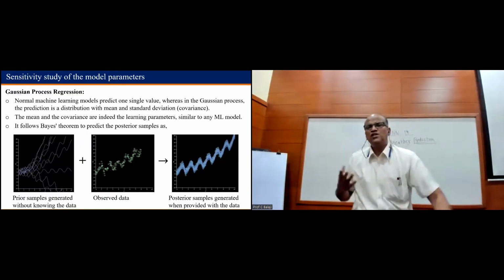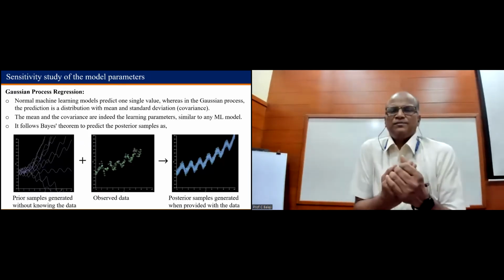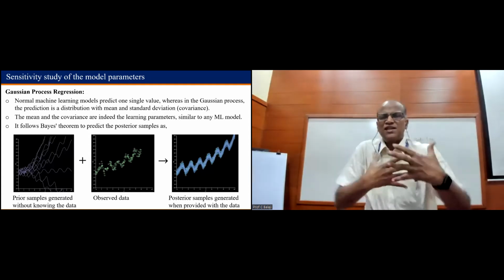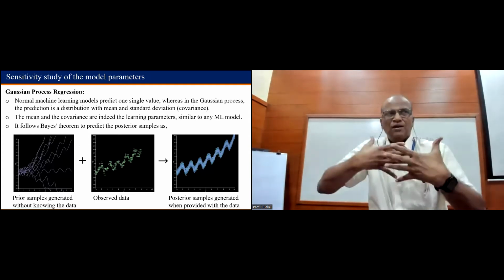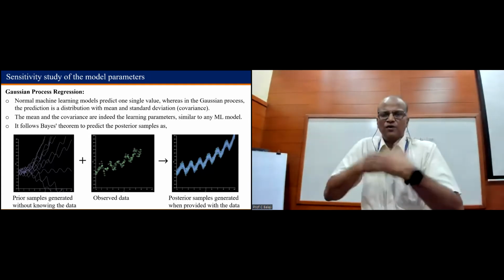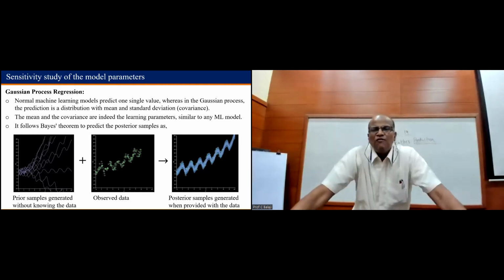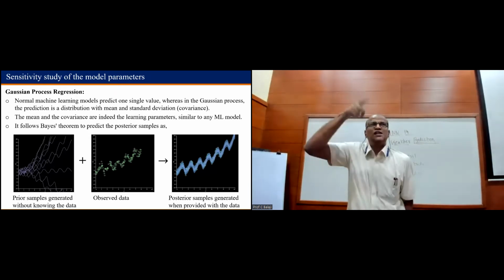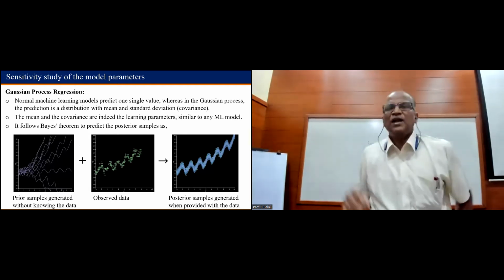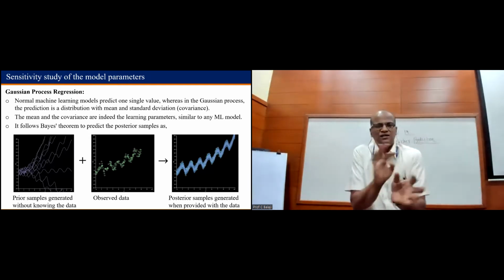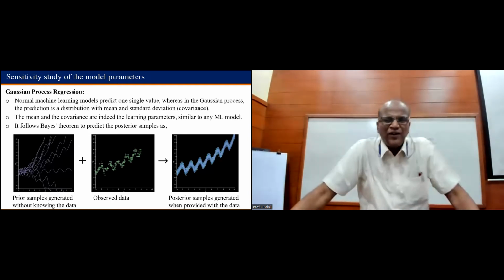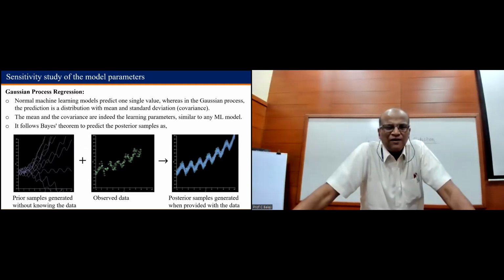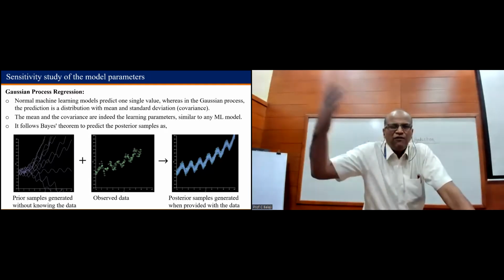The Gaussian process treats the whole process as a multivariate Gaussian model. In that multivariate model, each Gaussian has a mu and a sigma, and these are indeed the learning parameters, and it tries to fit. A very crude approximation is given here, where something is a sine wave.